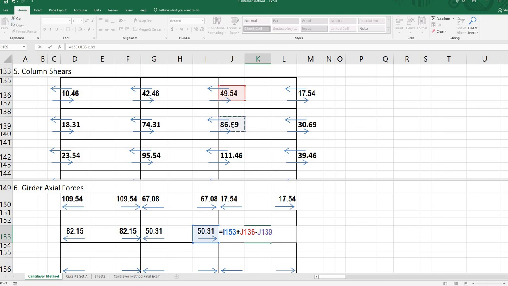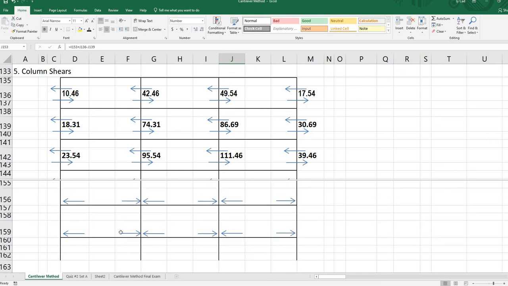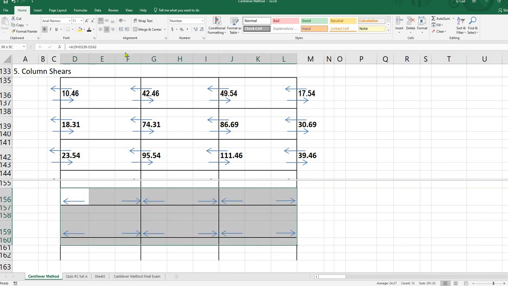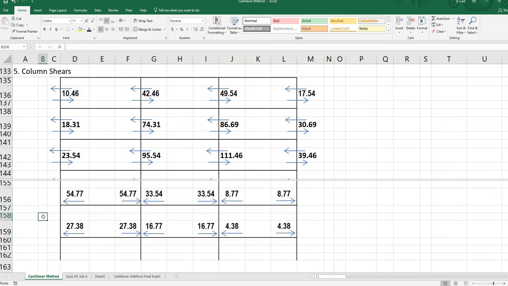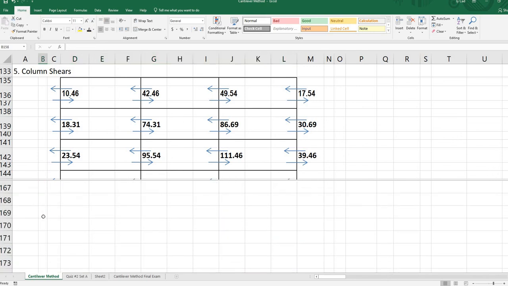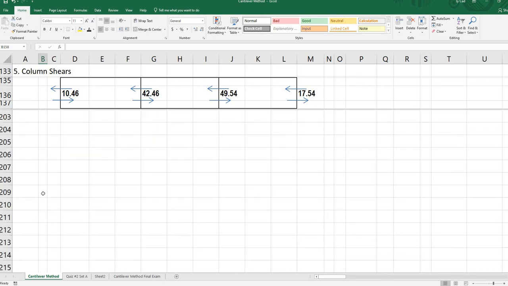Yeah. 13.15, so I will unhide. Ayan. Tumama rin. Then this is just linked here. Okay, so ganyan ang procedure at this level. Same thing here. Finally, no more. Okay guys, so thank you for listening. That is Cantilever Method.